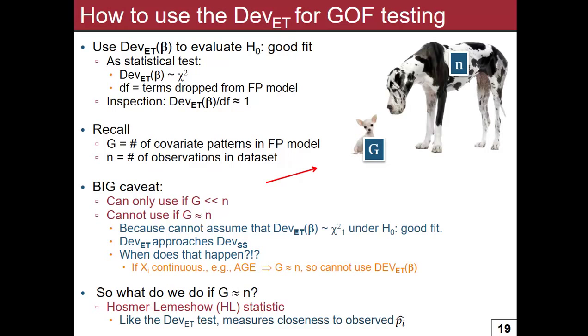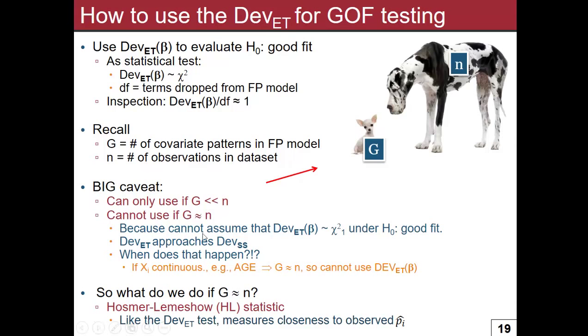So this test only works if the number of covariate patterns is pretty small, and you don't have lots of unique intersections of continuous variables. It only works if you have essentially a handful of categorical 0, 1 or 0, 1, 2, 3 X variables.